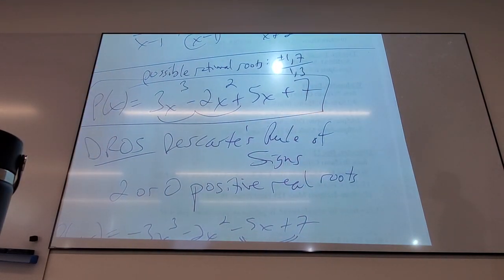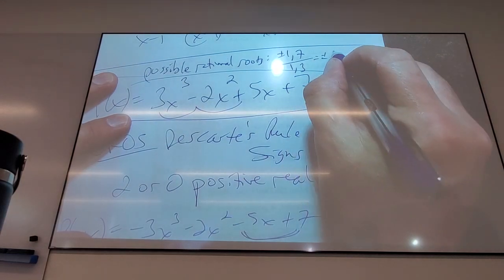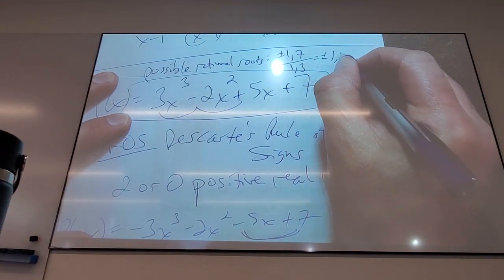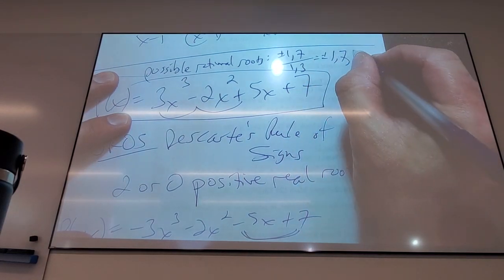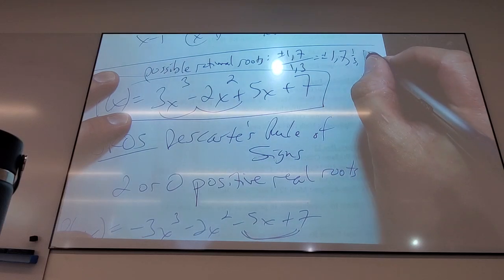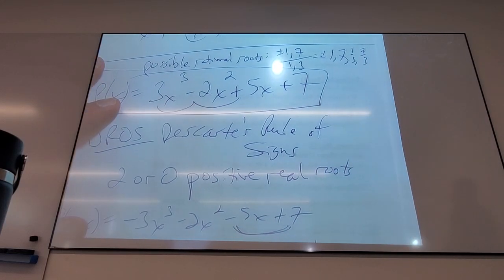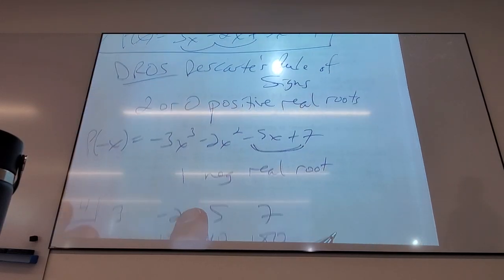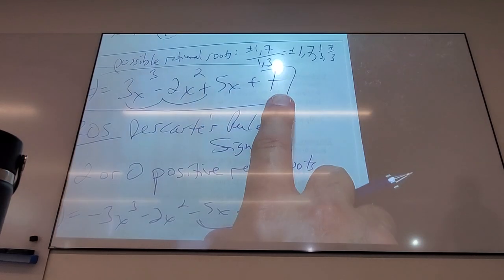That is correct, John. Damn it, I lost it. What does that come out to be? 1, 7. And of course, based on what we just did, I know that 7 won't work.